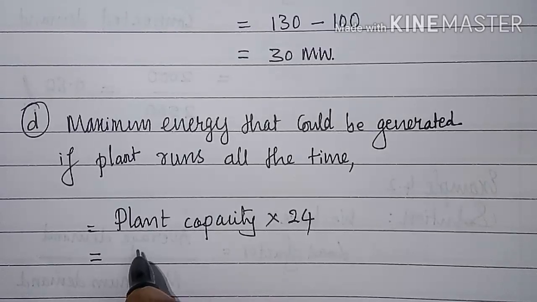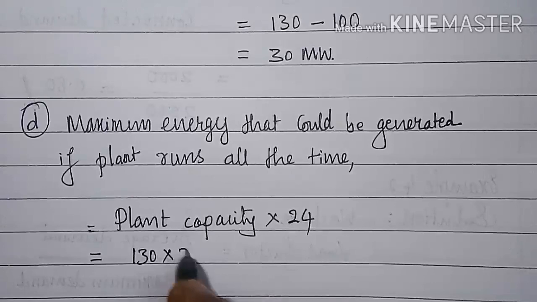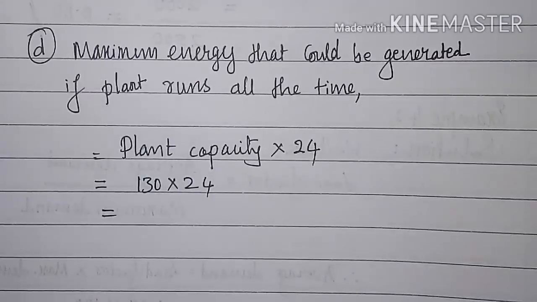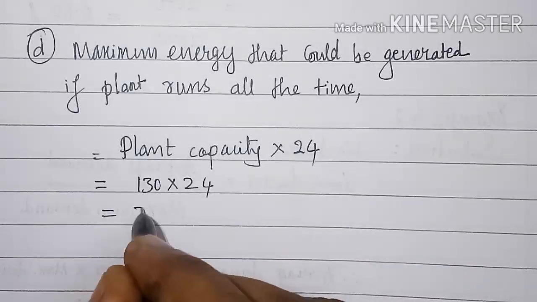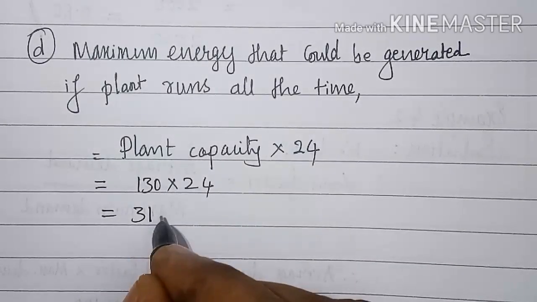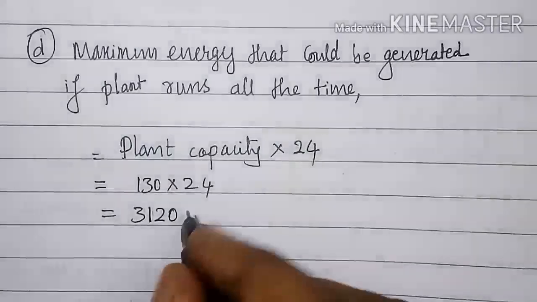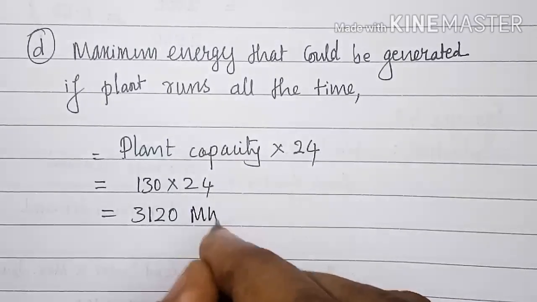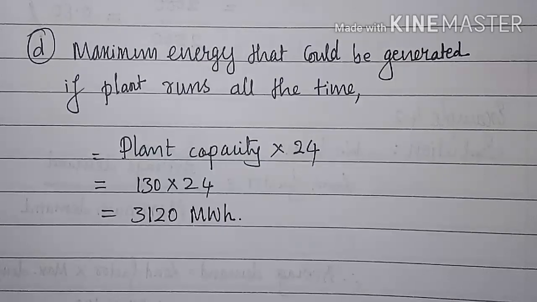That is equal to 130 into 24, which is 3120 megawatt hours.